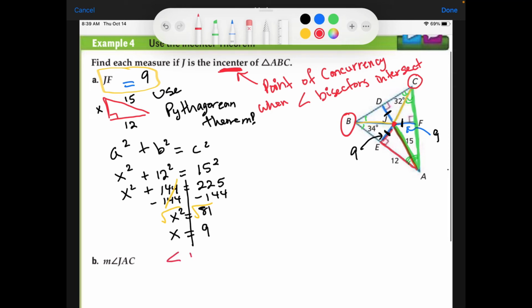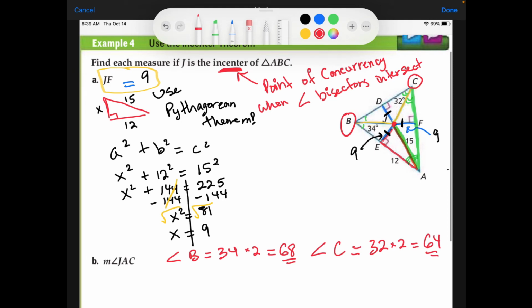So the measure of angle B is going to be 34 times 2, right? Because it's being cut in half, so I just add 34 plus 34, or 34 times 2, which gives me 68. The measure of angle C has been cut in half, so I'm just going to multiply this by 2 to get the whole angle. So 32 times 2 gives me 64.